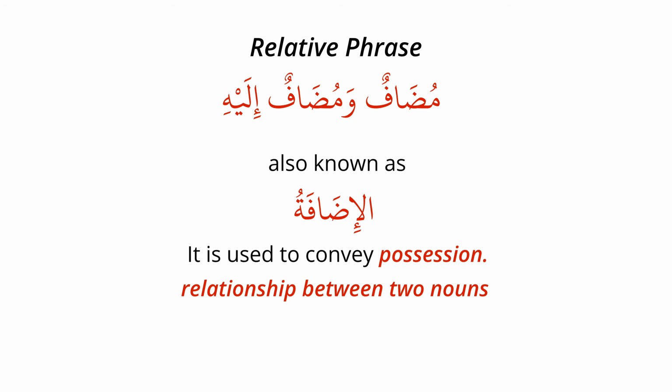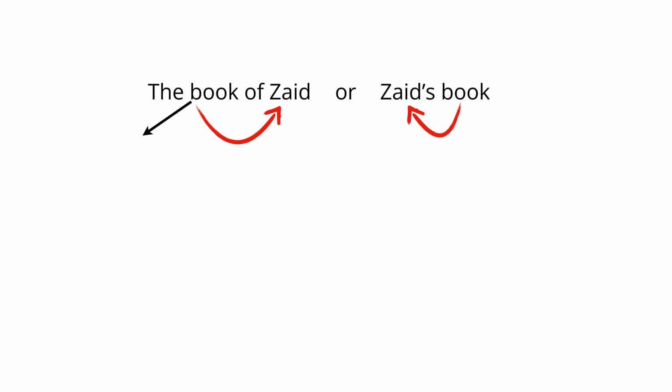I hope you're taking notes because this lesson is very interesting and very important. Let's have a look at the following English phrases. The book of Zaid, or we can say the same as Zaid's book. In both of these phrases, we see a relationship between book and Zaid, where the noun book is the possession and the noun Zaid is the possessor.